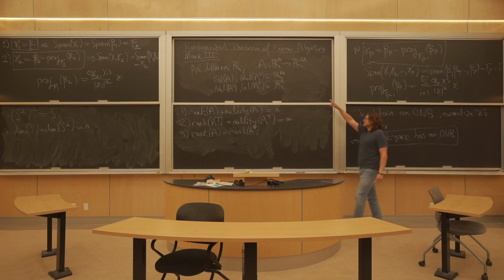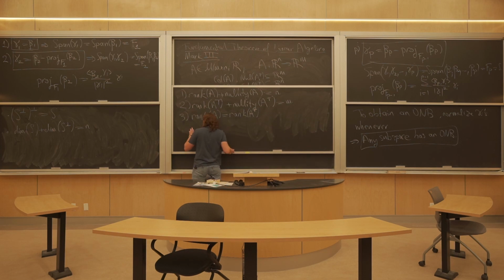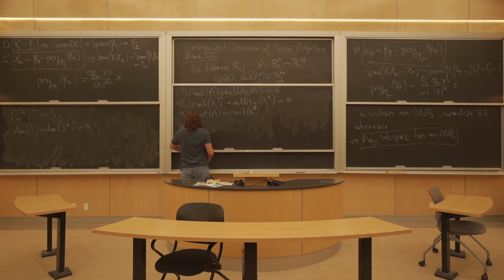The two subspaces in Rm are perpendicular, and the two subspaces here in Rn are perpendicular. This is the addition. So the column space of A, perp, is the null space of A transpose.